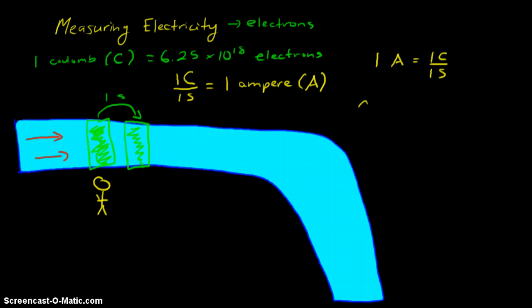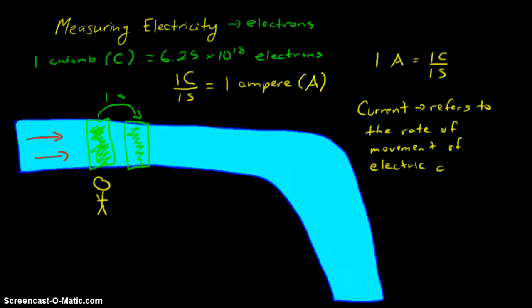So current refers to the rate of movement of electrical charge.